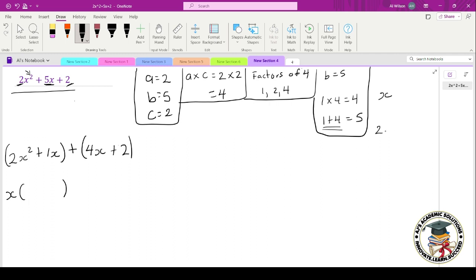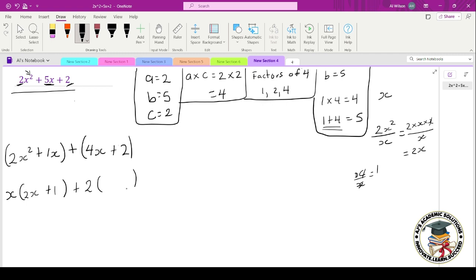In this case, we have 2x squared divided by x, which means we cancel one of the x's from the top, leaving us with 2x. So here we put 2x plus, and now we have our 1x, which you can just write as x, divided by x, which is going to give us 1. Good. Then we put our addition sign. Now the HCF of 4x and 2 is 2.